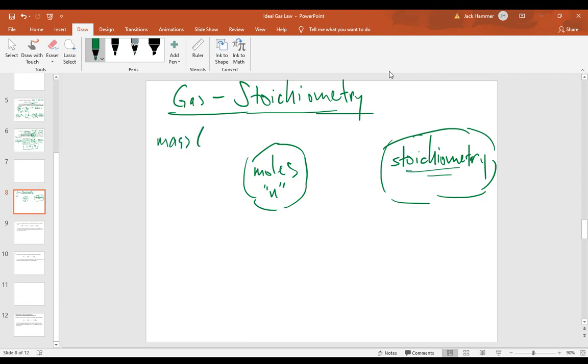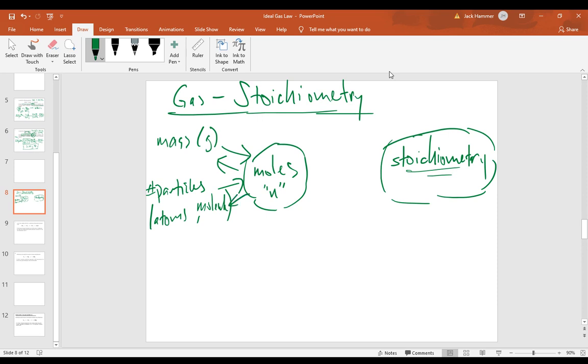You know how to take the mass of a substance and convert it to moles, and you also know how to do the reverse. You know how to take the number of particles of a substance, whether that's atoms or molecules, and you know how to get back and forth from that.